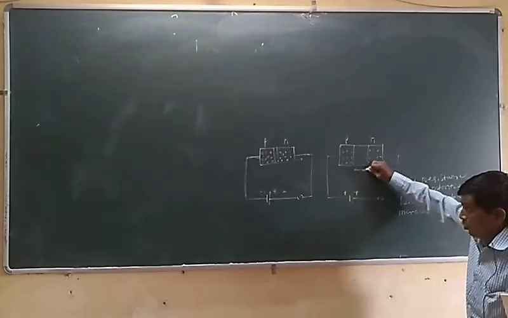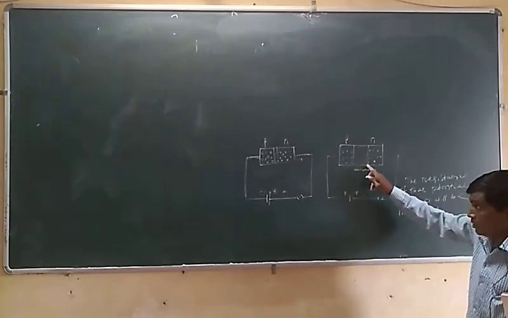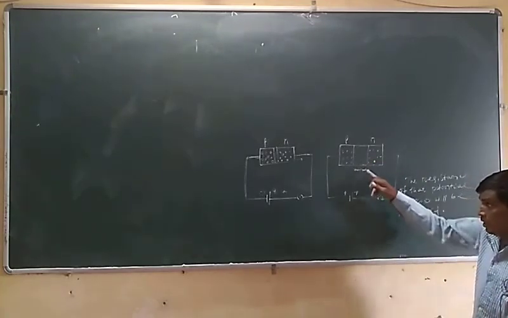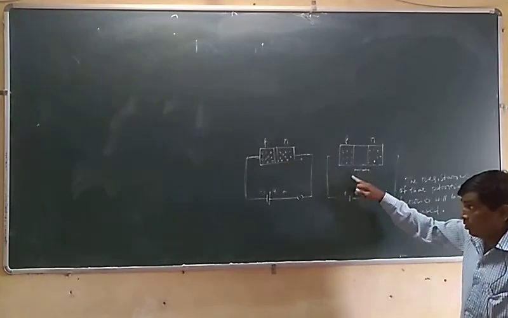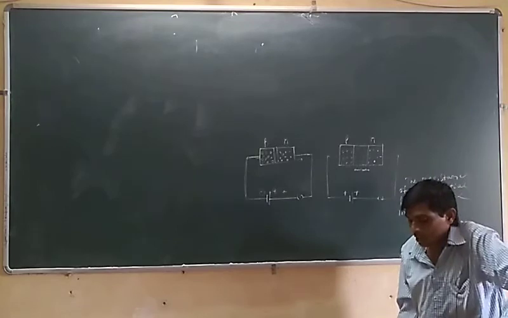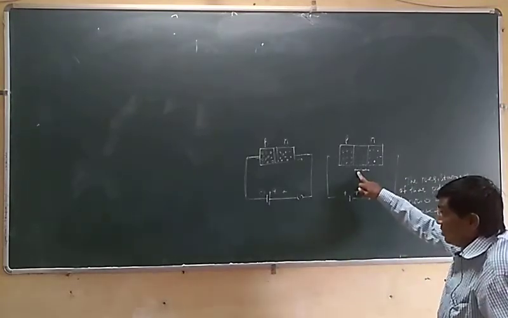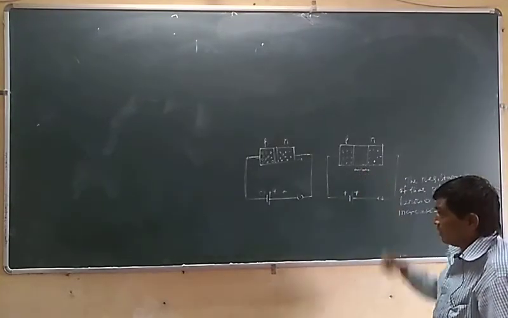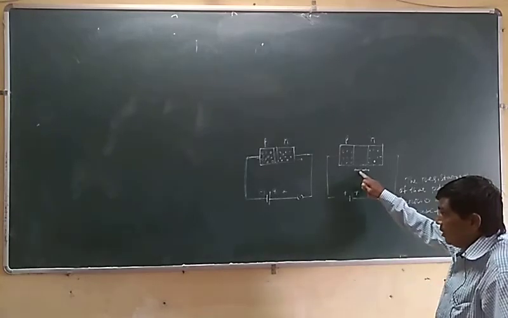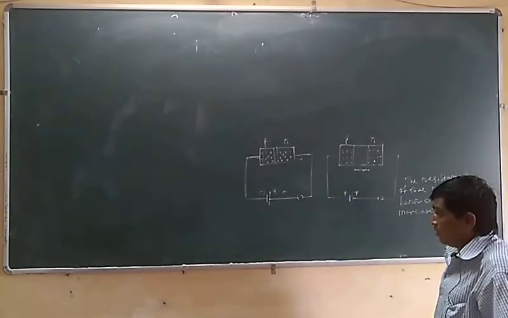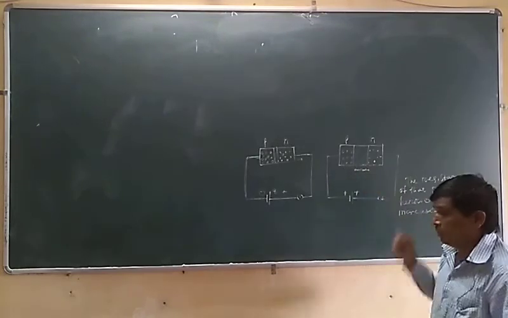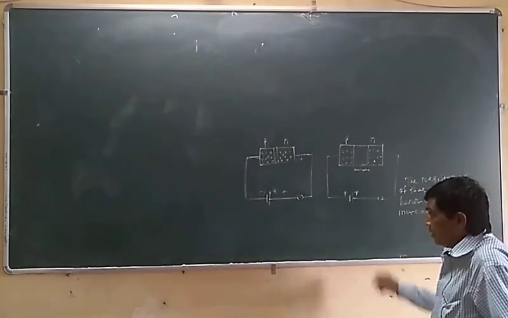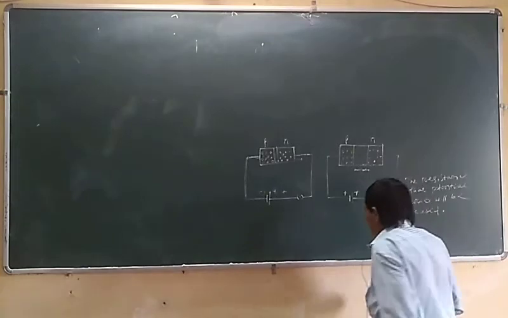The more resistance in this layer, the current is not allowed from positive to negative across this junction. This is the resistance.